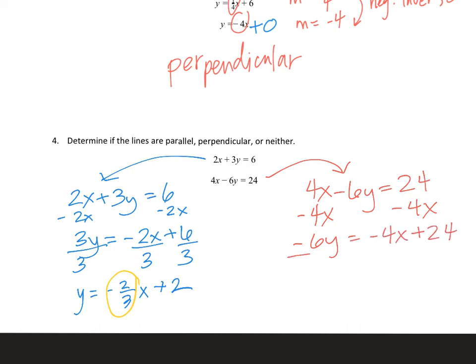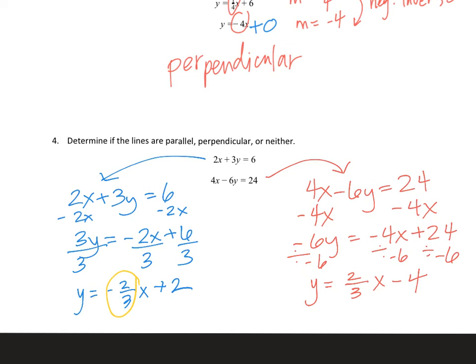Okay, now we're going to divide both sides by negative 6, and I'm doing each part individually. We get y equals positive 2/3, because positive 4/6 would simplify to positive 2/3, and then positive 24 divided by negative 6 gives us negative 4.